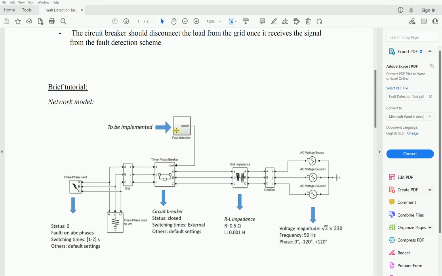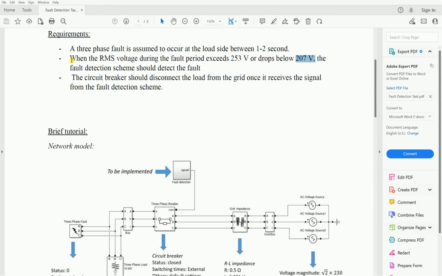Now the fault detection scheme. When the RMS voltage during the fault period exceeds this or drops below this, we need the fault detection scheme to start working.